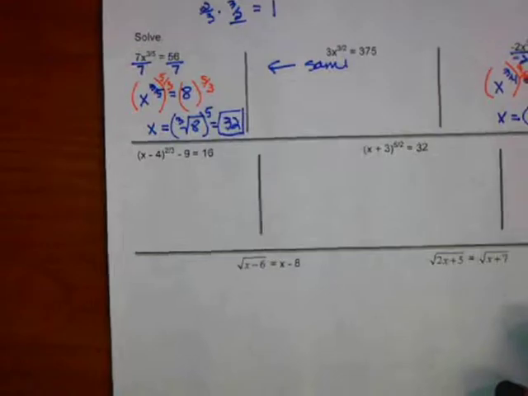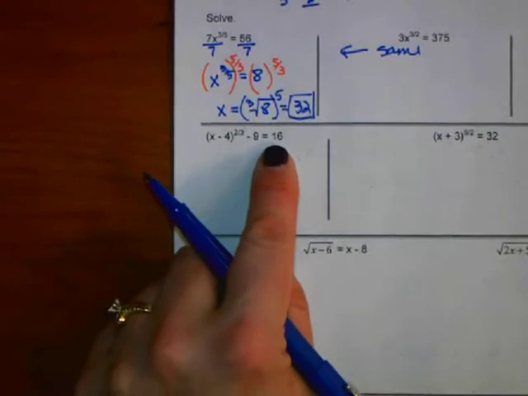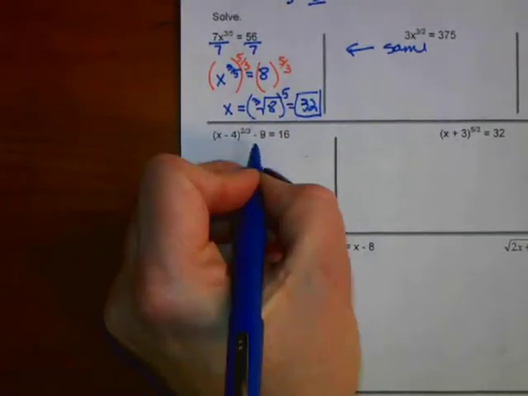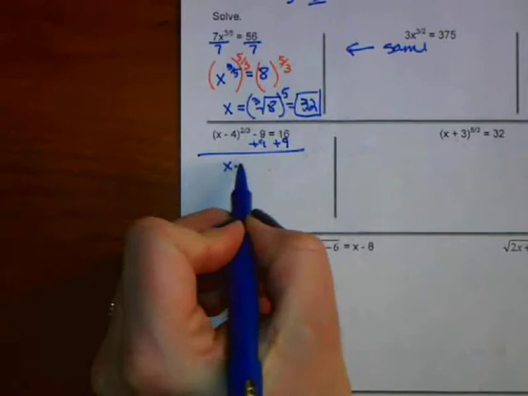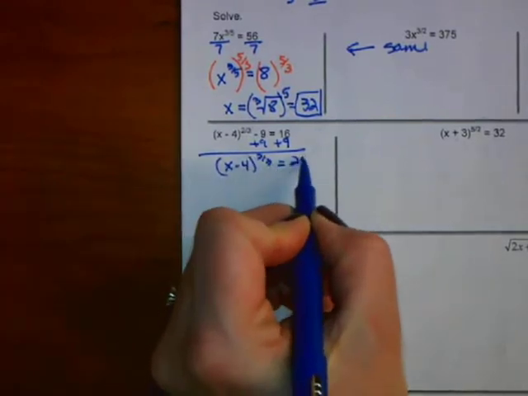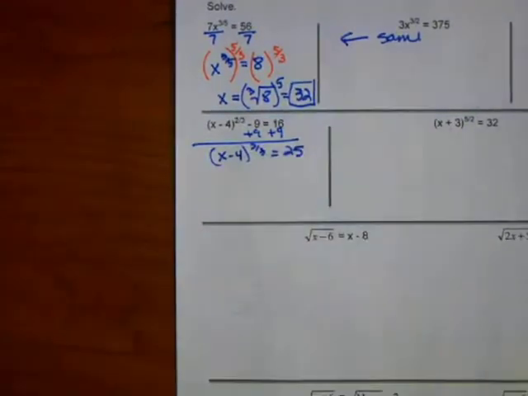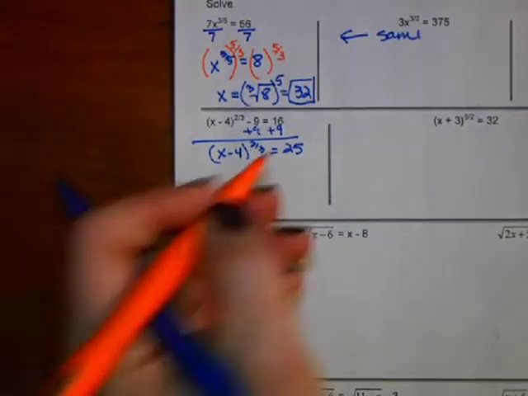Okie-dokie? All right. Let's add a little more now. So here, what do you think I have to do first to start this? Add 9. X minus 4 to the 2/3 equals 25. How do I get rid of that 2/3? Multiply both sides by 3/2.